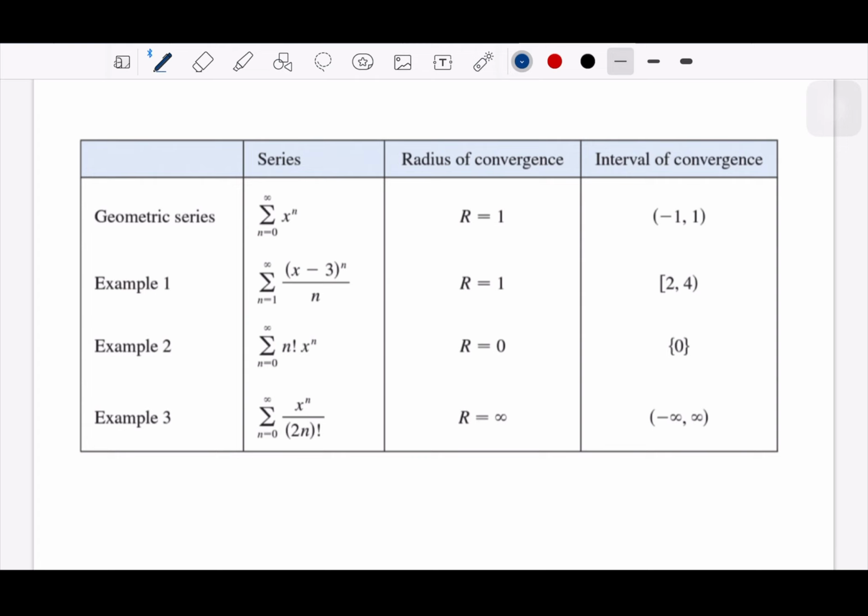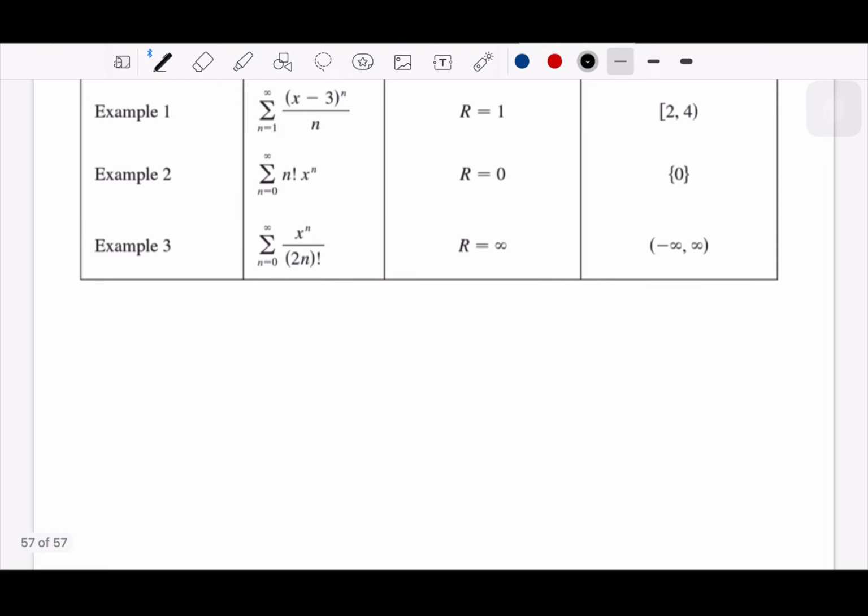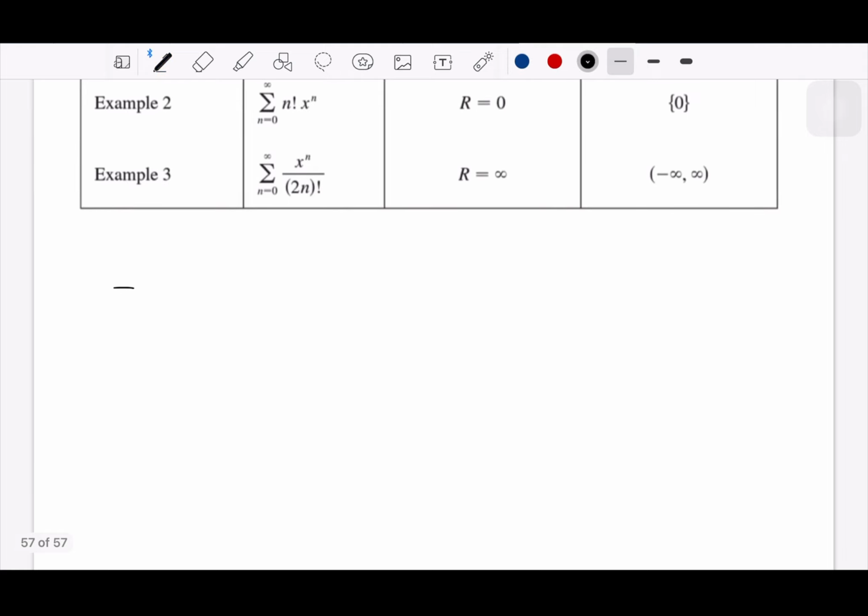So let me give you maybe one example. For example, if we have a sum.